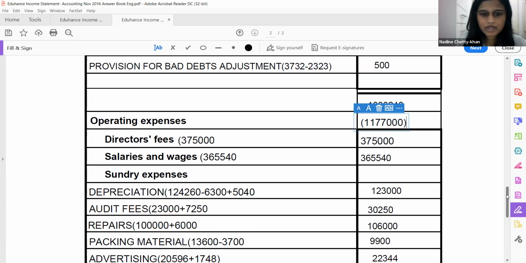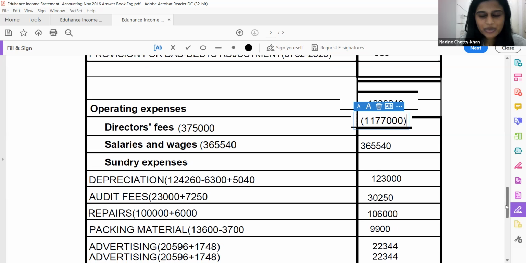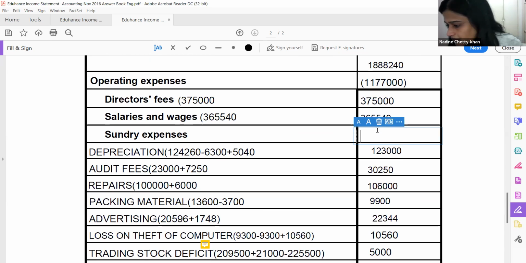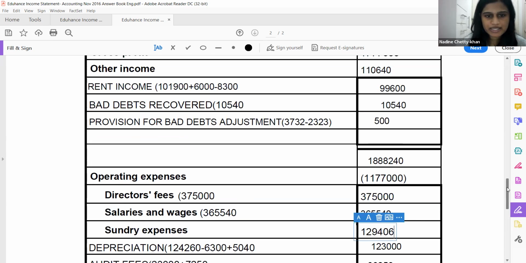Okay. Now, if we have our total operating expenses, we have all other expenses except sundry, we can work backwards by taking all the other expenses and subtracting it from the total, and you'll get a sundry expense of 129,406. Okay, so this is just mainly a numerical exercise.